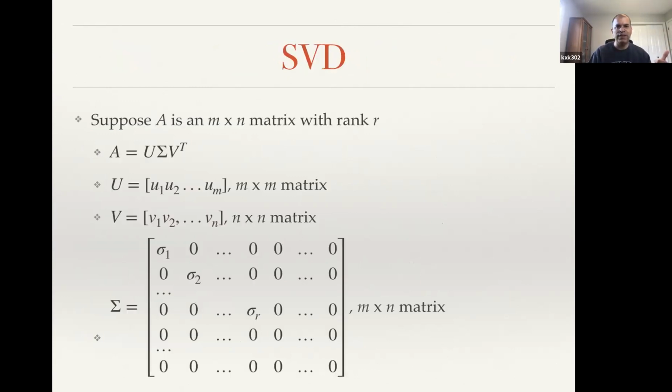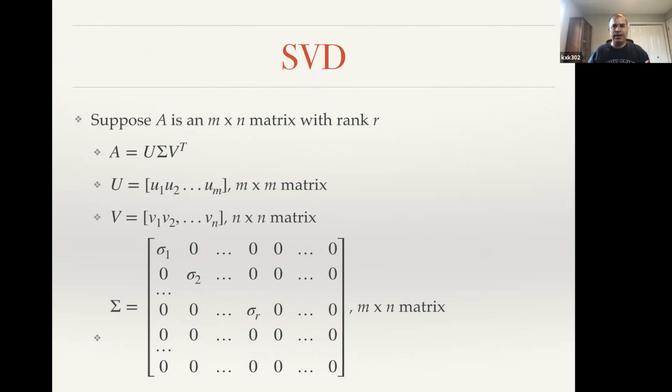Let's look at the singular value decomposition. It's something similar to eigendecomposition. Matrix A can be broken down into 3 matrices: U, sigma, and V transpose. Sigma is a diagonal matrix with r sigma values, where r is the rank of A, and it's also padded with zeros at the bottom and at the right.